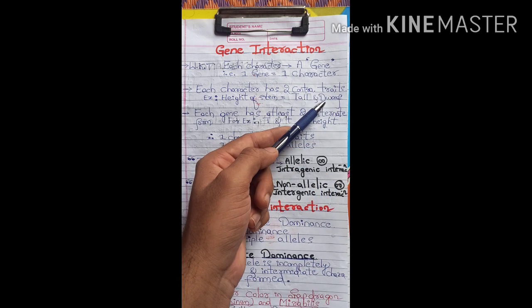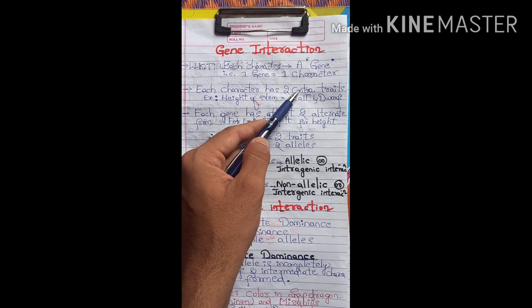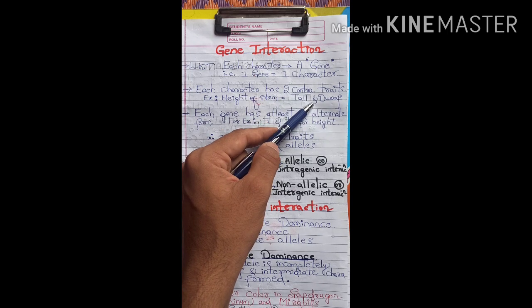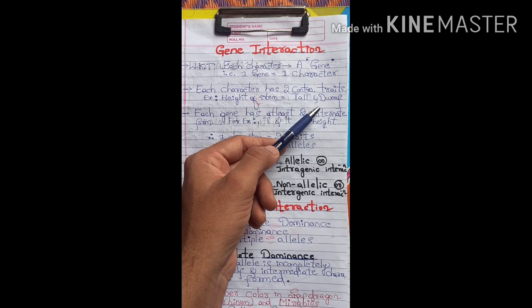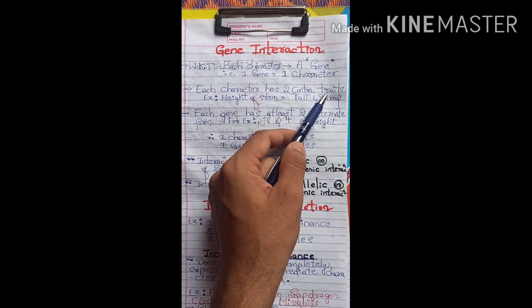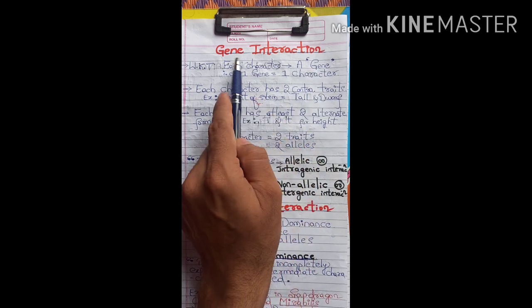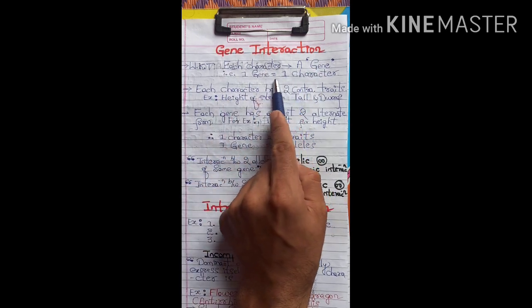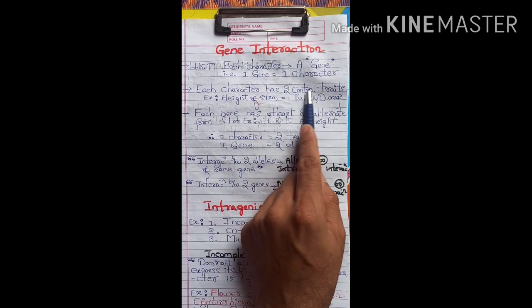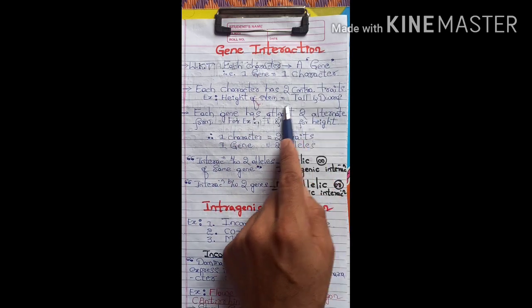Even you can take another example, seed shape. In the pea plant the seeds are round in shape and some are wrinkled in shape. So that is also another pair of contrasting characters. Therefore remember, each character is controlled by a gene, and each character has 2 contrasting traits.